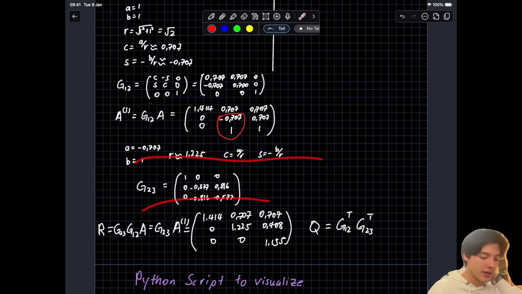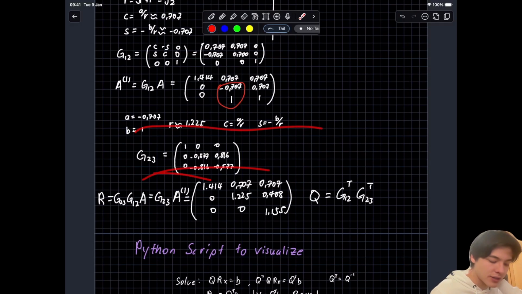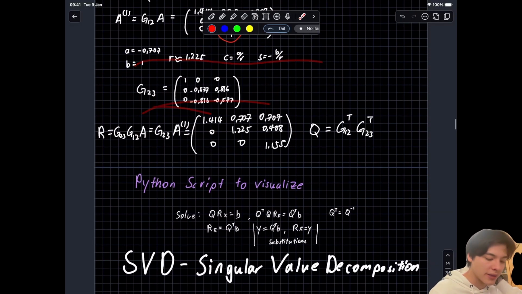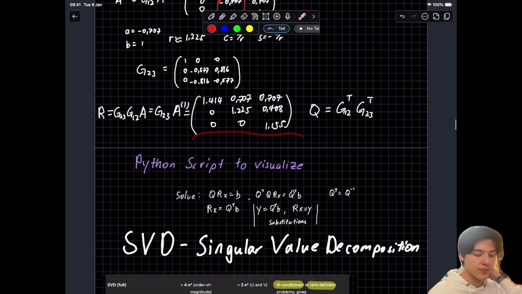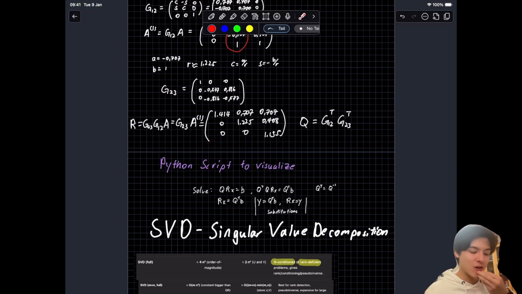So here again, we do that, we get our second Givens rotation. If we apply this, we get our R, and our Q is made of, similar as before, the different rotations multiplied with each other.